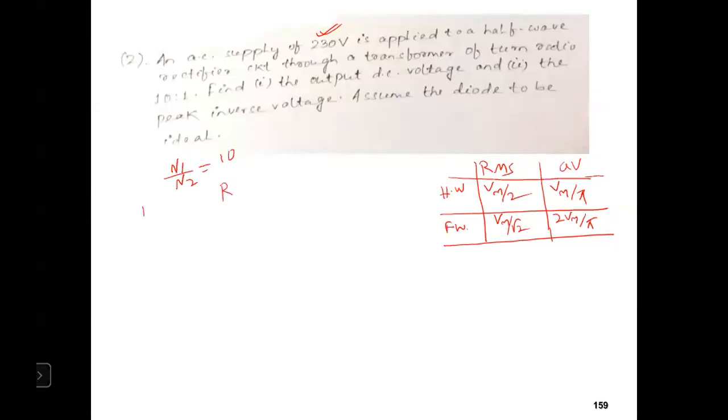For the primary side, the RMS equals Vm by root 2, which implies Vm equals RMS into root 2. So that means Vm in the primary side.